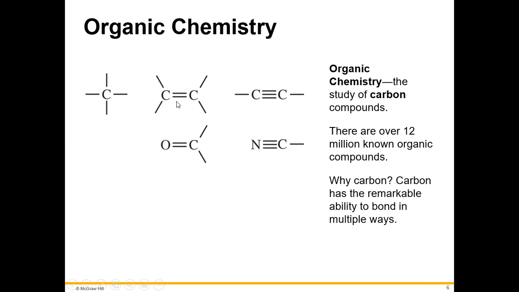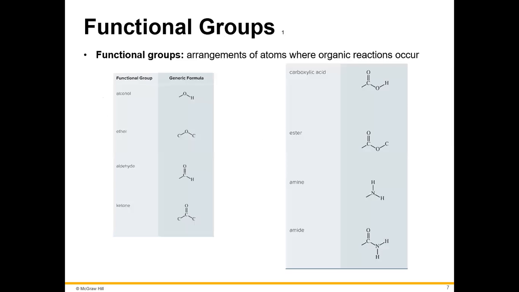Those can be a combination of single and double, single and triple. Carbon can bond to other atoms. Carbon can form rings. Carbon can do a whole lot of really interesting things. And so just so you know, organic chemistry is the study of carbon compounds, and that's something that you can take entire courses on as well. And I encourage you to do so, by the way.